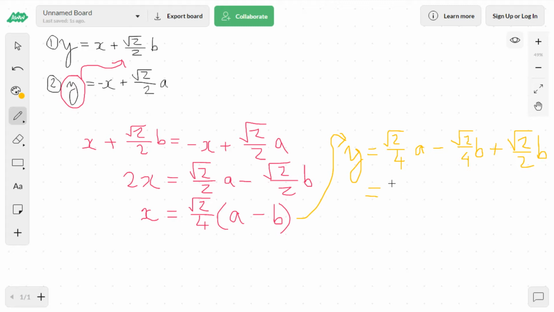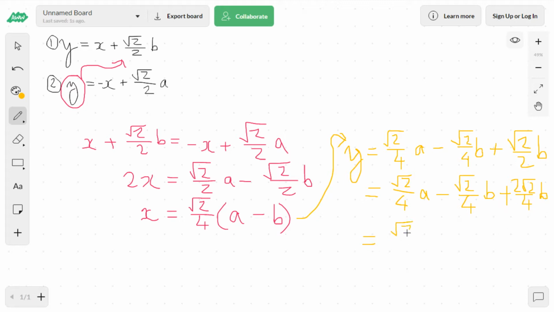Maybe I should write all that out. Yeah, root 2 over 4a minus root 2 over 4b plus 2 root 2 over 4b. Okay, and I'm just getting these to a common denominator so that I can easily subtract them.